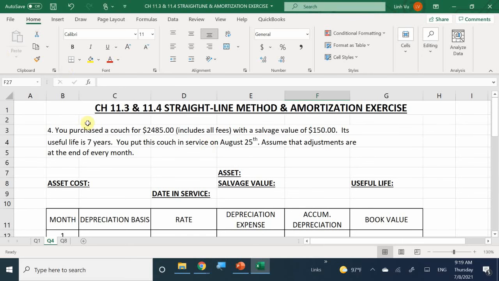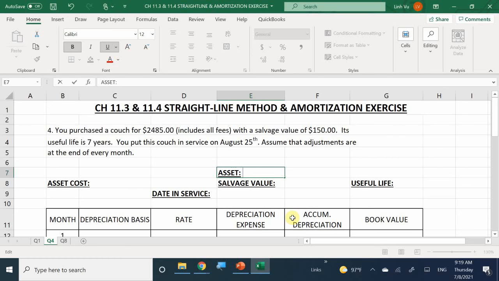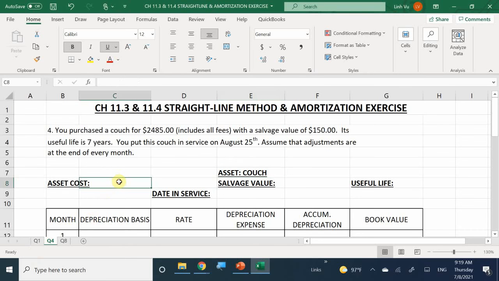What did I purchase? A couch. How much did the couch cost me? $2,485.